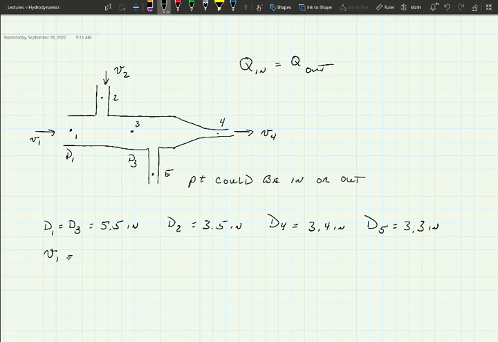Velocity 1 will be 3.7 feet per second. And velocity 2 will be 1.7 feet per second. And then the other one they give us is V4, which is equal to 5.5 feet per second. Okay?